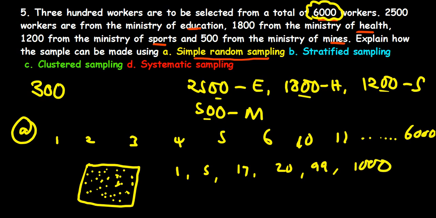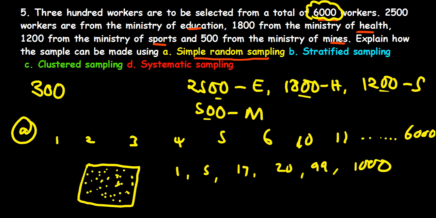You pick the 300 workers depending on the unique numbers that you assigned to them. So that's how we can obtain a sample of 300 workers when we are using this random sampling method.